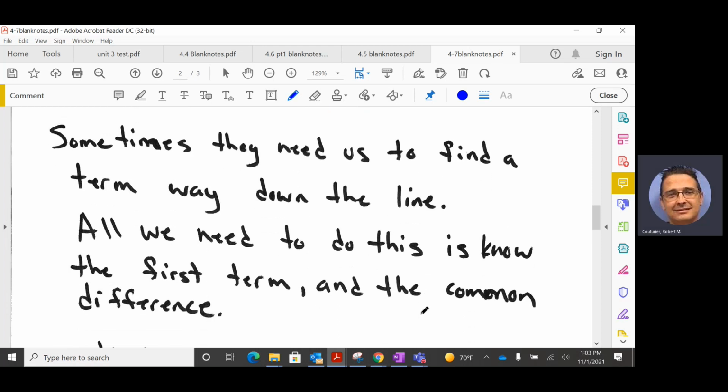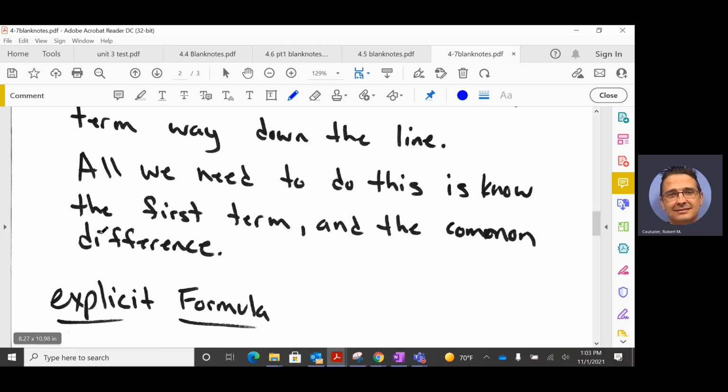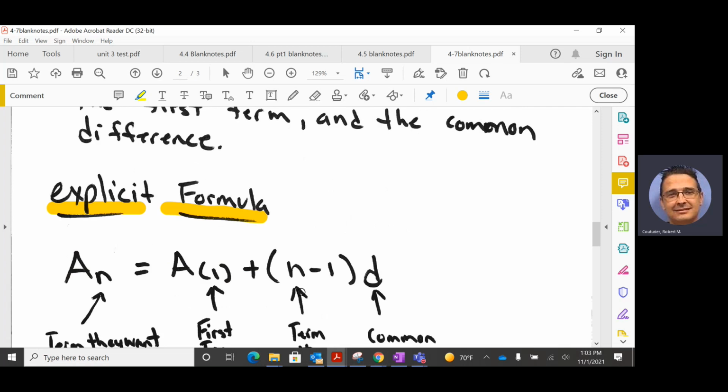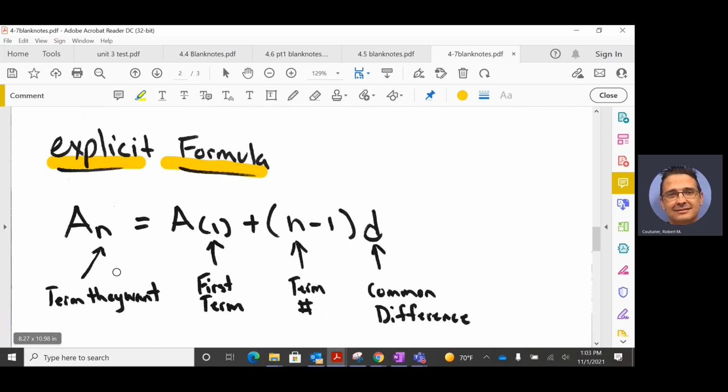Provided that we know our starting term and our common difference, we can go to any term they ask us to go to by using this explicit formula. The explicit formula for a sequence, okay? A sub n is any term, whatever term they want us to go to, like I just said, the 236th term.